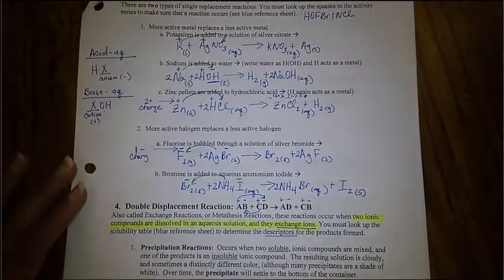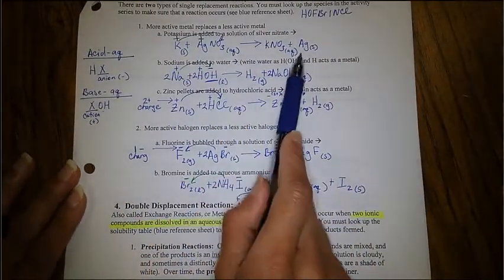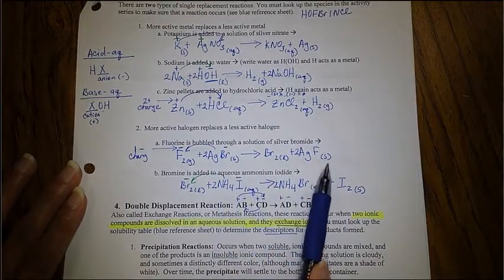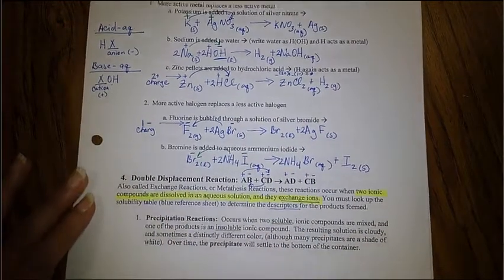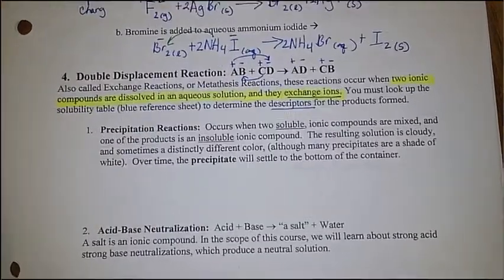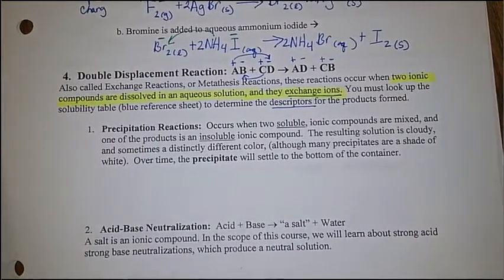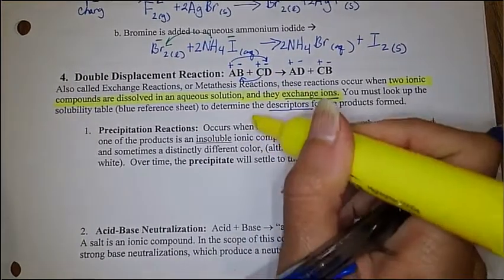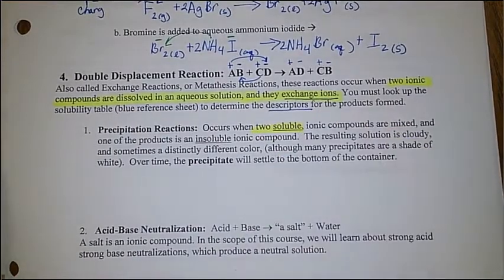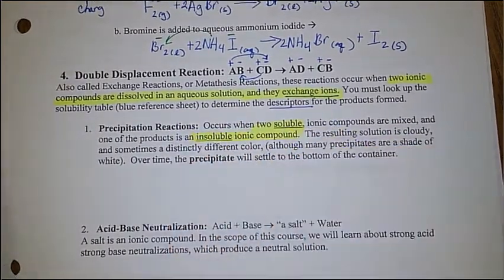Throughout our single displacement reactions, I talked about how it was aqueous, or it was a solid. And I'll show you how to do that now with your double displacement reactions. So when we are looking at this, whenever you have two soluble compounds that are mixed together, one of the compounds will be insoluble.